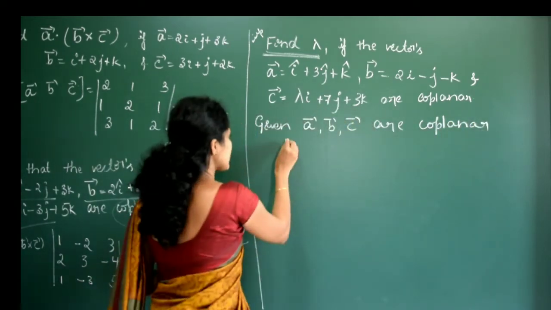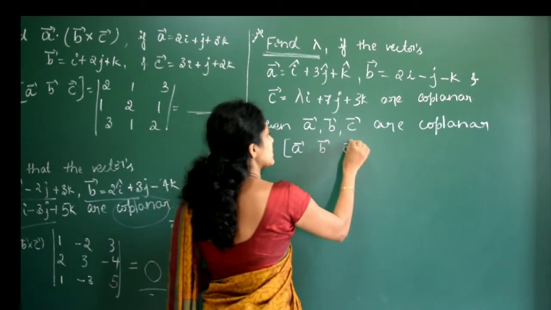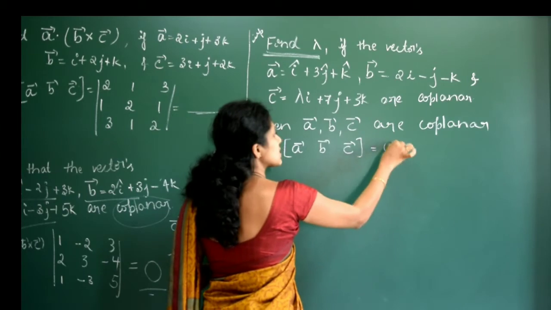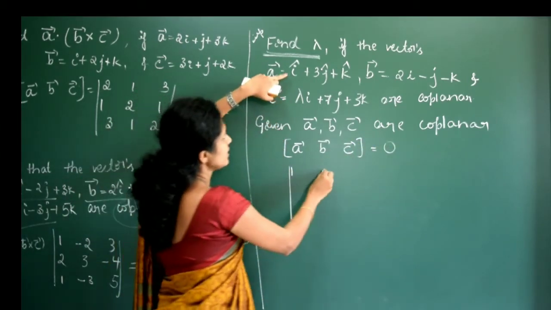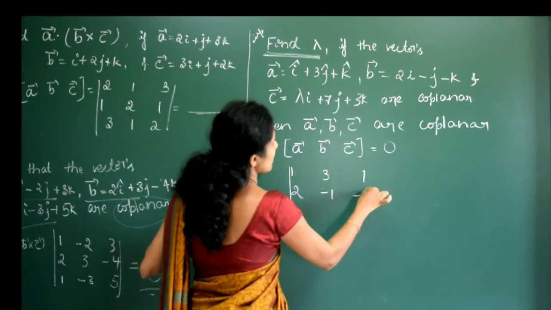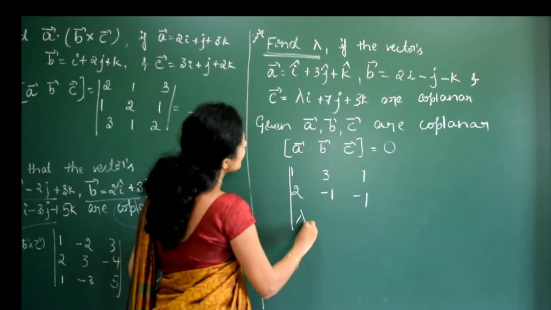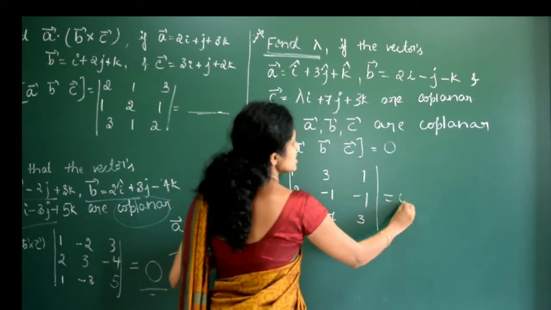Scalar triple product A vector, B vector, C vector will be equal to 0. So we'll write that. This row is 1, 3, 1, it is 2, minus 1, minus 1. Here it will be lambda, 7 and 3. So this is equal to 0.